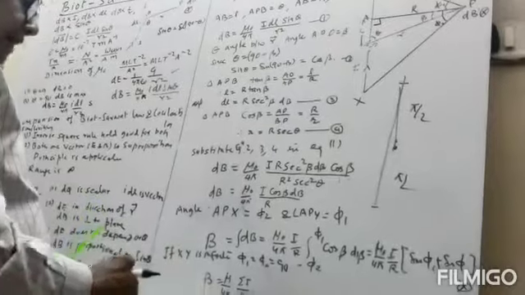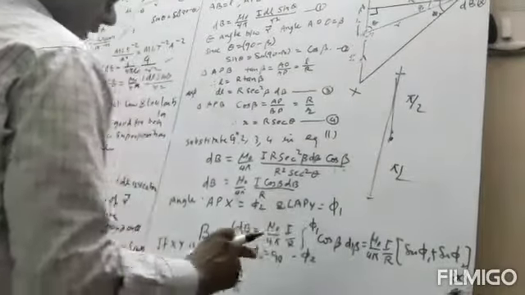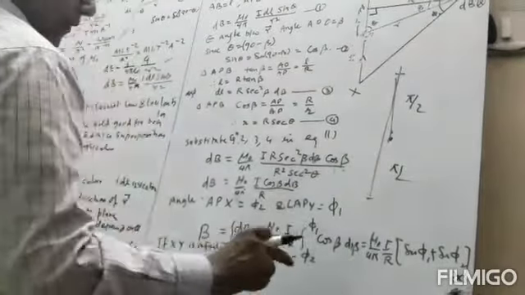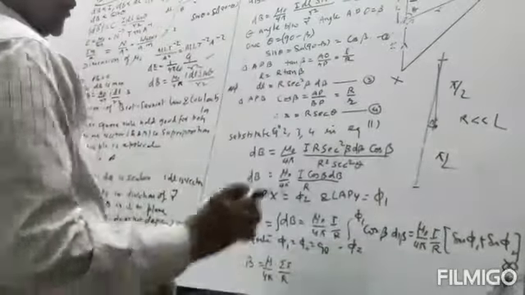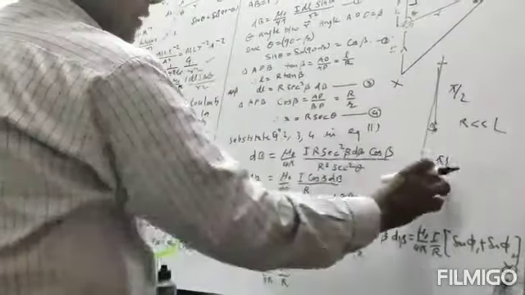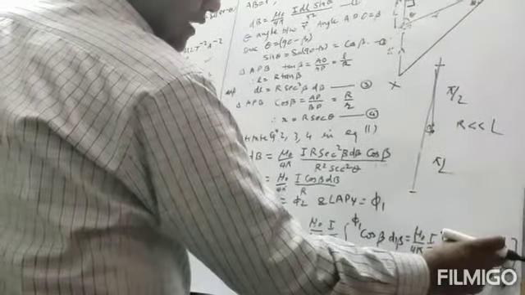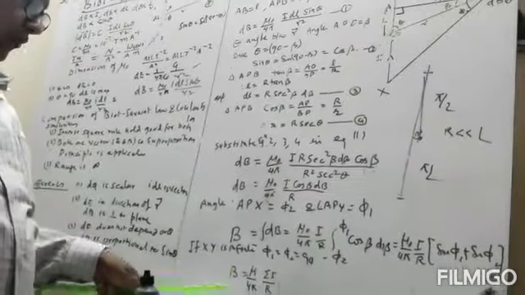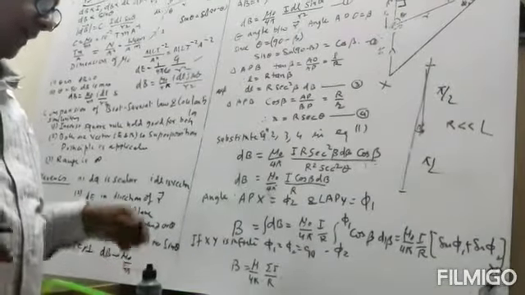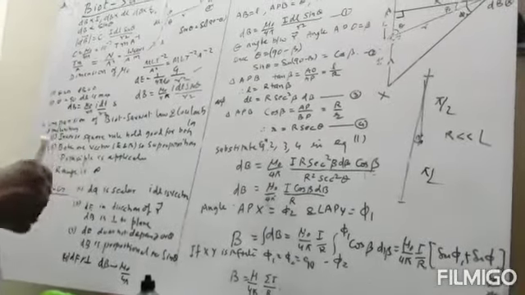So the magnetic field, when the conductor is of infinite length, will be equal to mu 0 by 4 pi, I by R. R is this distance, and R will be very, very small compared to the length. So phi 1 and phi 2 are pi by 2, sin pi by 2 and sin pi by 2 give 1 plus 1, which is 2. So B will be equal to mu 0 by 4 pi, 2I divided by R. So this will be the magnetic field.